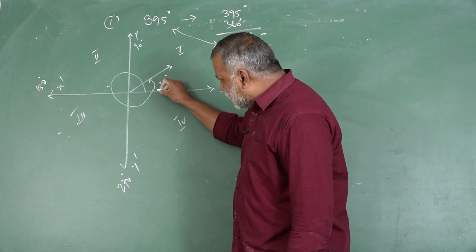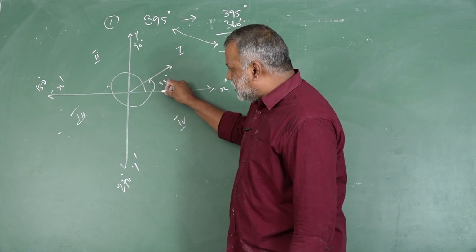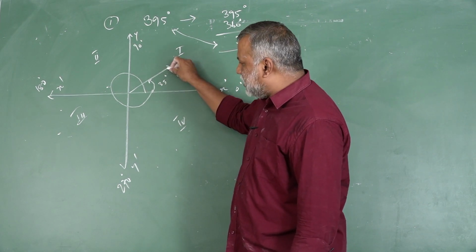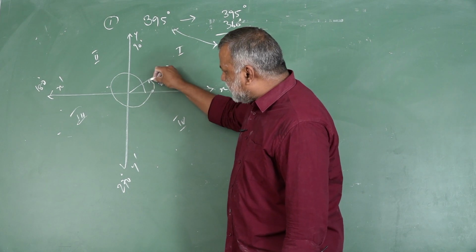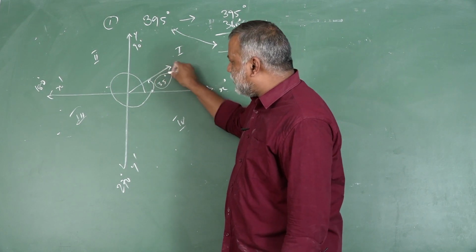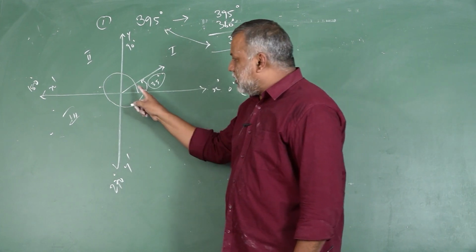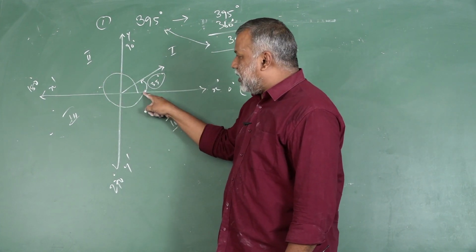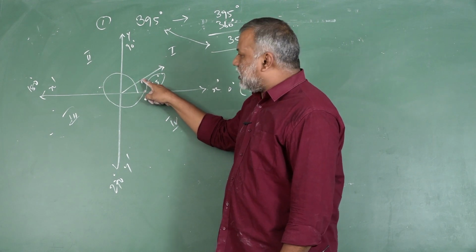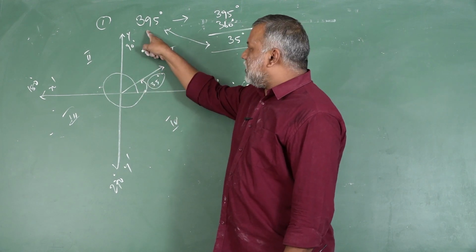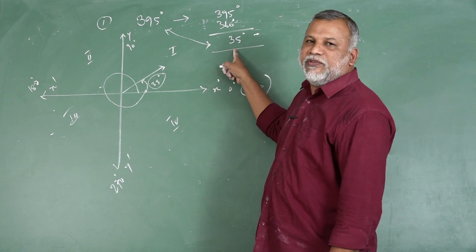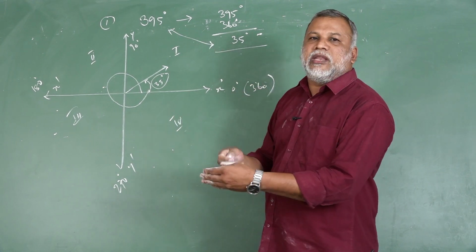This is the initial side, this is the terminal side, 35 degree. First we denote 35 degree. After that 395: it has one complete rotation, and again the remaining 35. Therefore 395 and 35 degree are the coterminal angles.